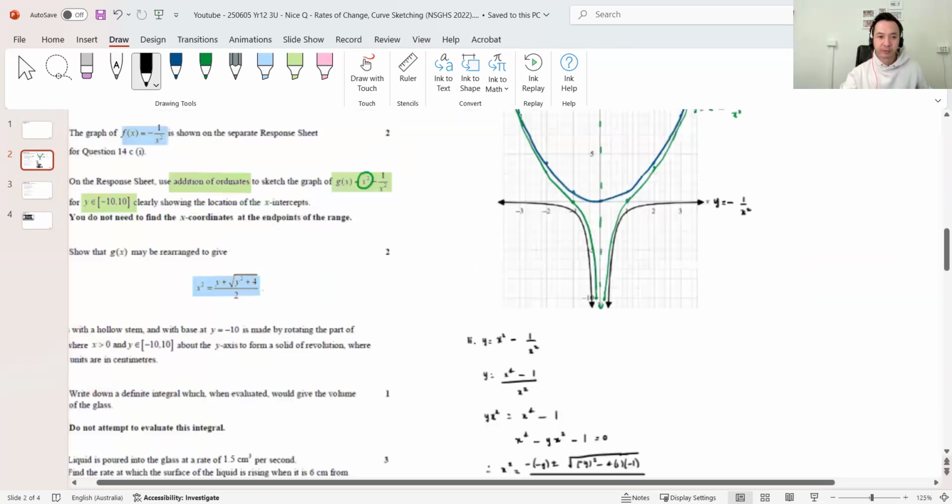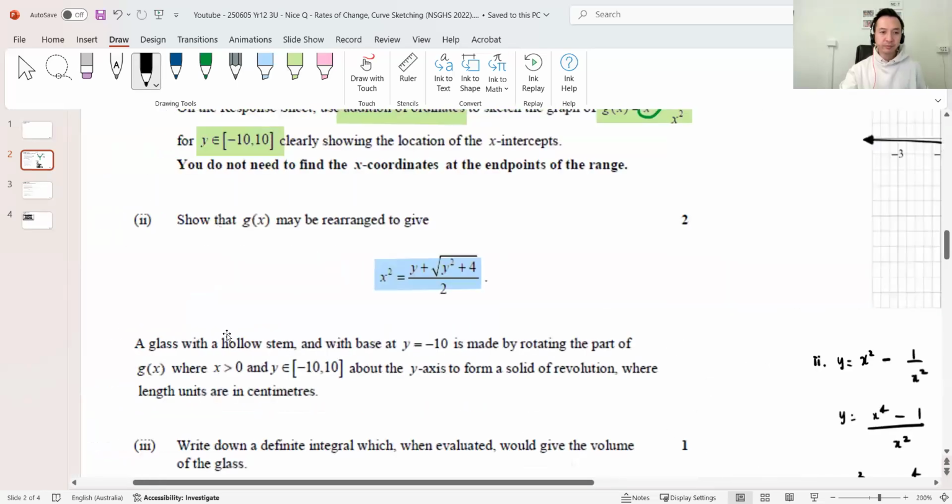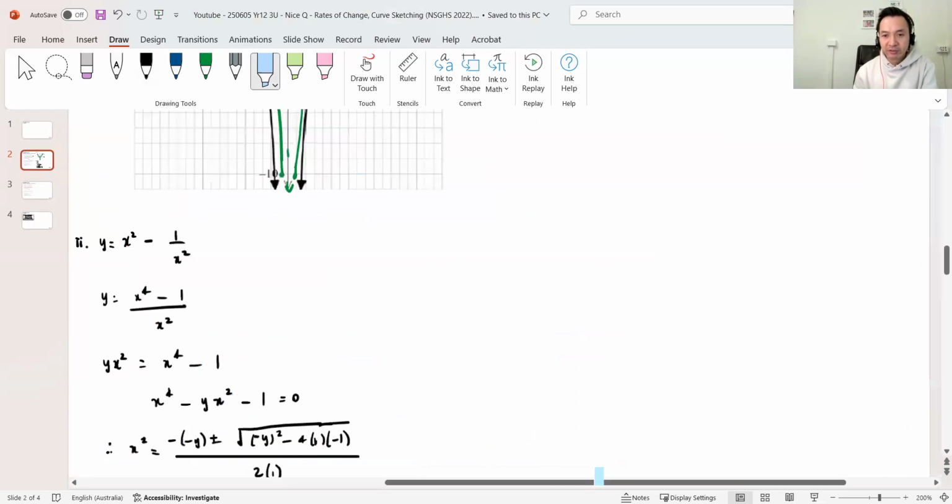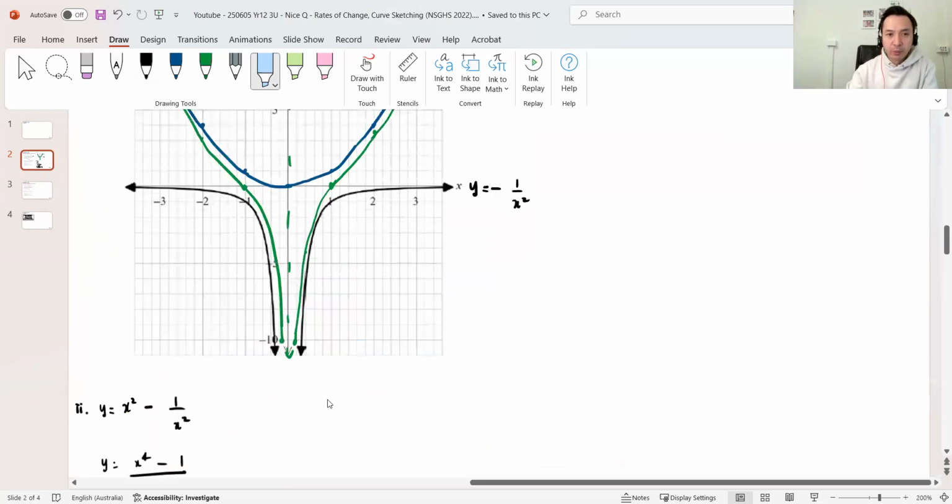Okay, let's look at part 3. Let's take our time here. A glass with a hollow stem with base at negative 10 is made by rotating the part of g(x) where x is positive and y is between that, about the y-axis. Going back to my graph, this is what they want.